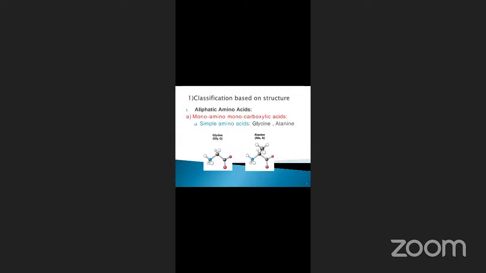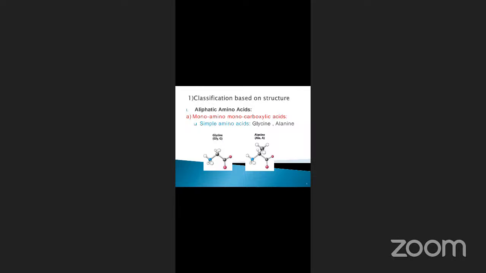Based on structure, the other 3 groups, the amino group, carboxylic acid group and hydrogen, remain the same. Only the R group will differ. Based on the R group or functional group, we get different structures. So the amino acids are classified as aliphatic amino acids. In aliphatic amino acids also, we have monoamino monocarboxylic acids.